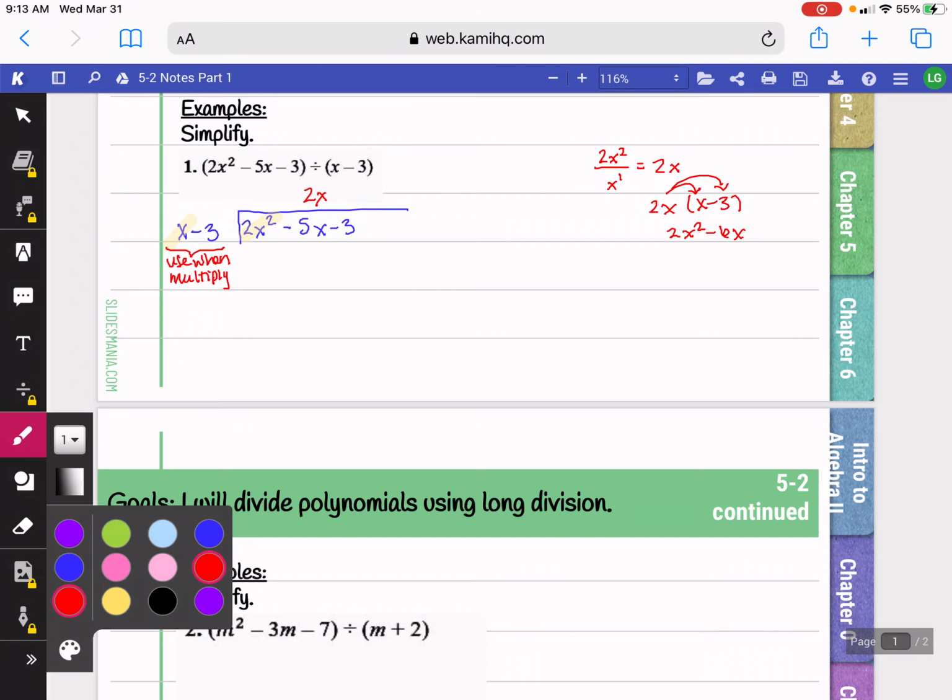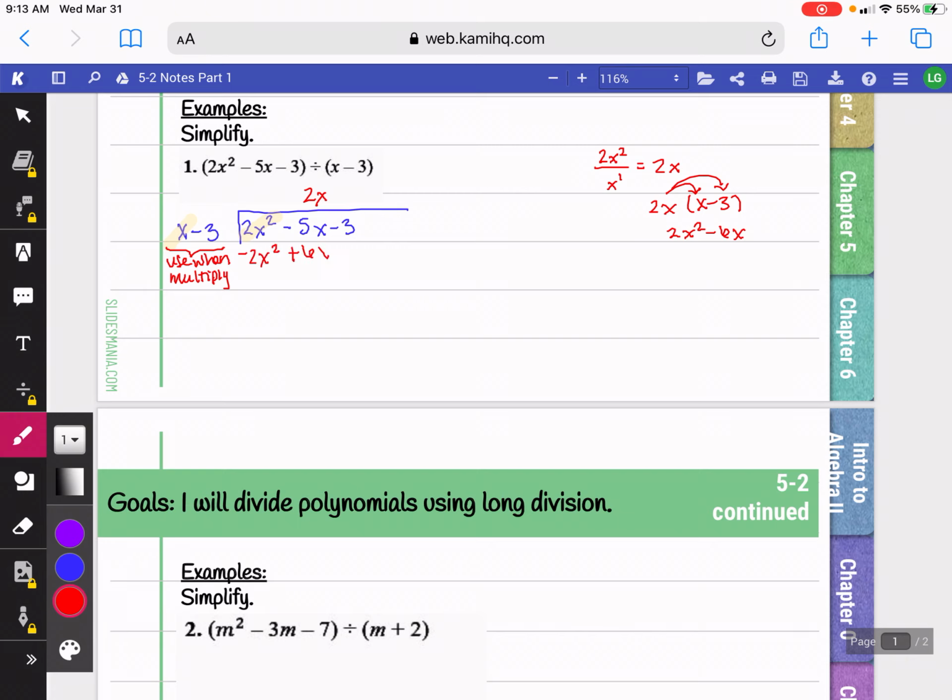So I'm going to take that 2x squared minus 6x. But if you're subtracting, remember you're changing the signs. So I'm going to write it here as negative 2x squared and positive 6x. These cancel. Negative 5 plus 6 is 1x. Once you've done this step, you're ready to bring down this minus 3. And from here, you repeat.